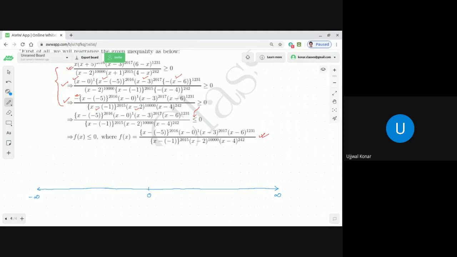And what are the points here, dear students? Minus 5, minus 1, 0, 3 and 6. Correct or not? Yes. So we can make a relative measurement. Minus 5 is this point, for which the numerator is 0, so it is a filled circle. Then 0, where the numerator is 0, is also a filled circle. Then the next point is 3, which will also be 0.